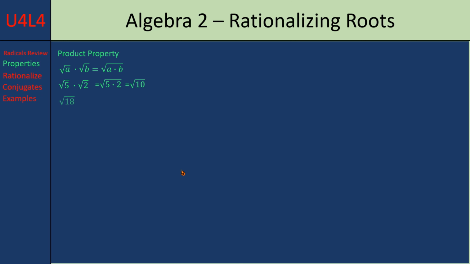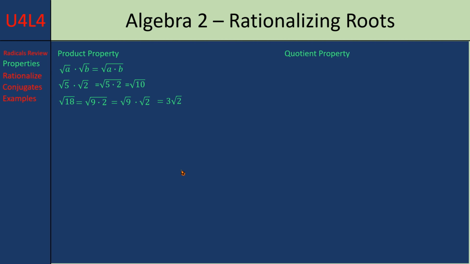Going backwards, I have radical 18, and I break that into radical 9 times 2. I chose 9 because 9 is a nice number. I didn't choose 6 times 3 because radical 6 and radical 3 cannot be simplified. But radical 9 can. So I split into radical 9 times radical 2, and radical 9 is just 3, so 3 times radical 2. So that's how the property is helpful.